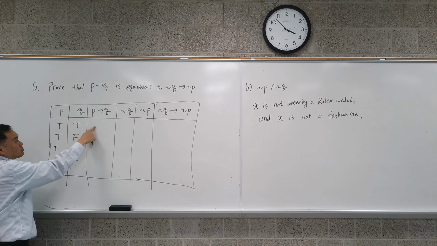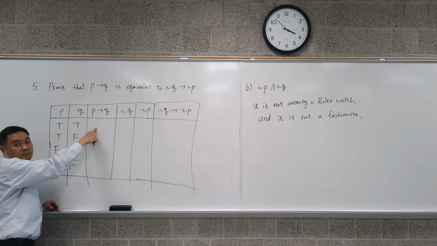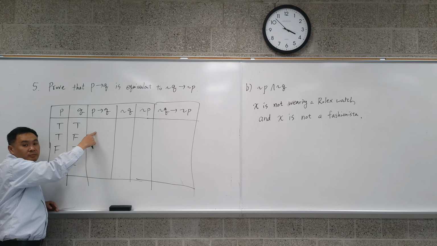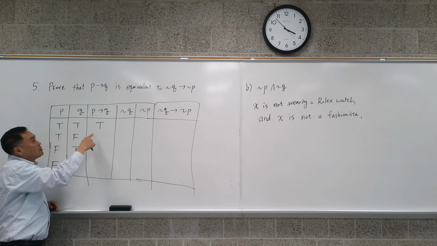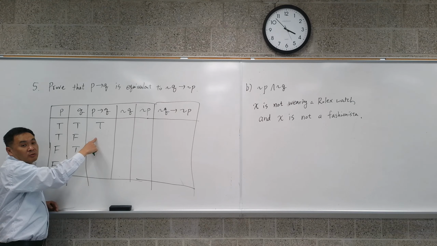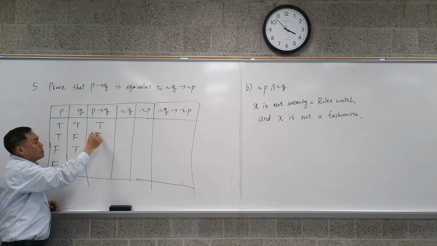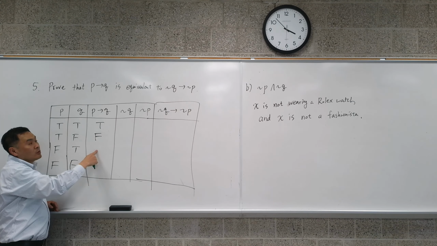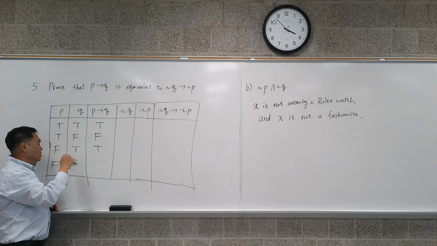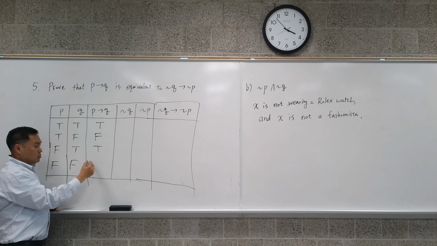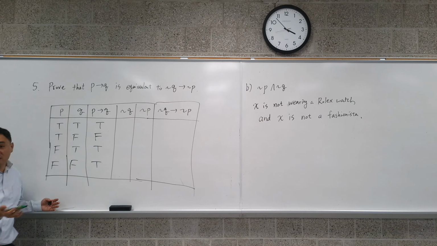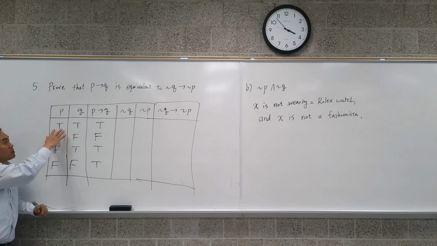All right, so P implies Q. If it's TT, what is P implies Q? True or false? True. If it's TF, P implies Q gives you? False. If FT, P implies Q gives you? True. FF, P implies Q gives you? True as well. See, the way I explained it in class is that P implies Q is a statement about what happens when P is true.